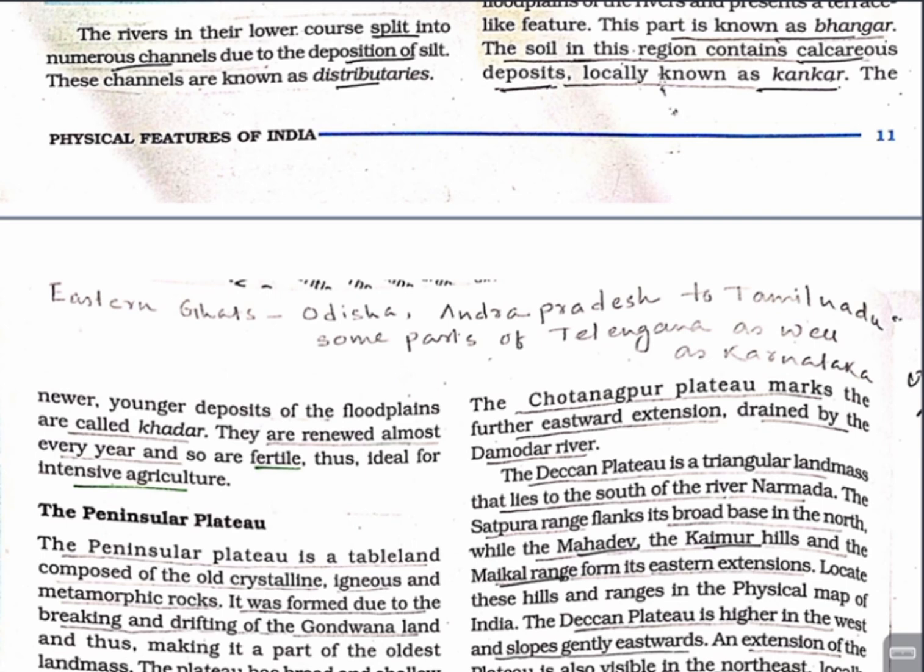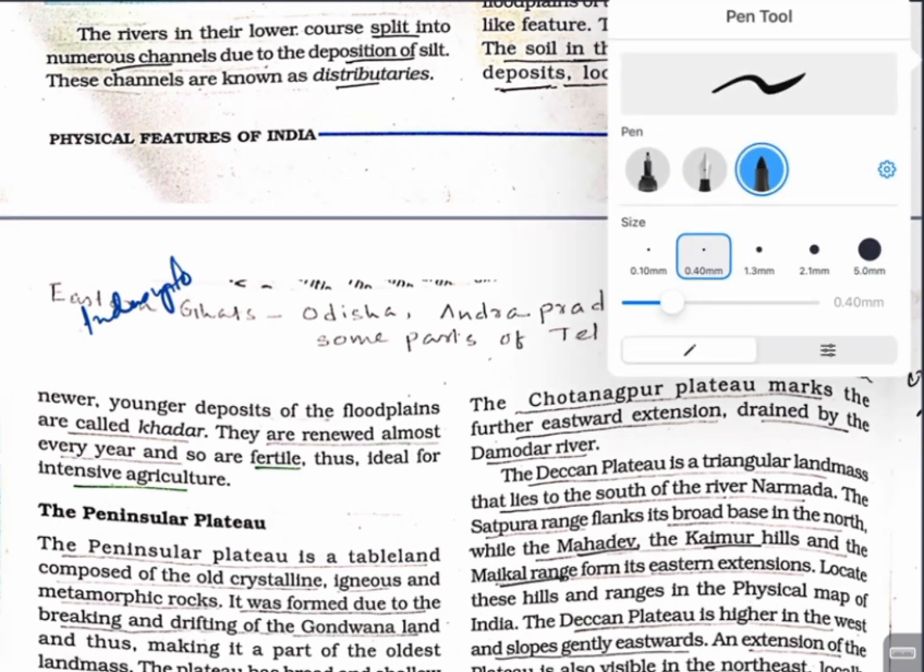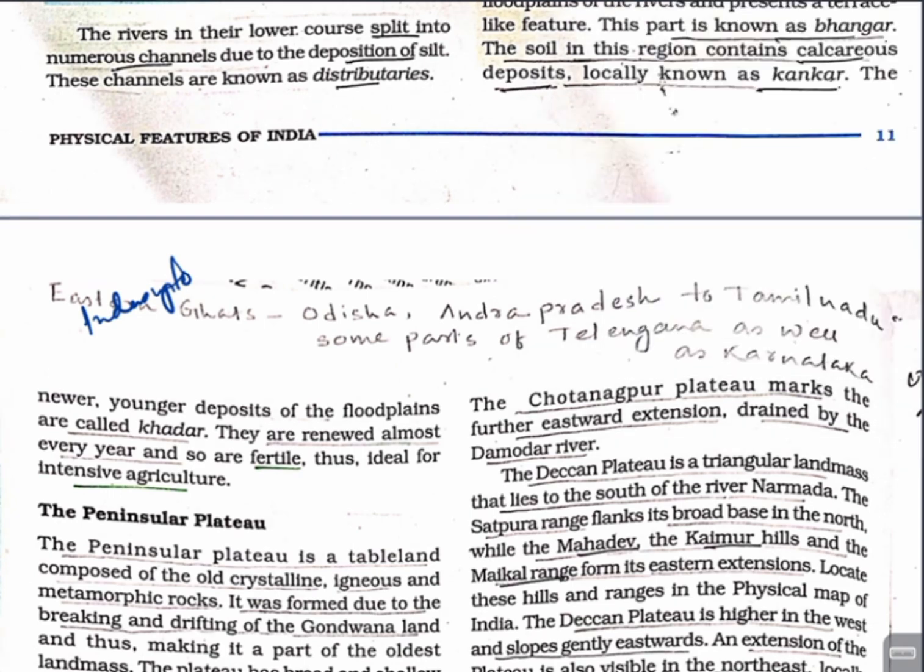Now we'll talk about the details of Bhavar, Khadar and Bhangar. Bhavar stretches from the Indus up to the Tista, and has a width of 8 to 10 kilometers, mostly rocky.